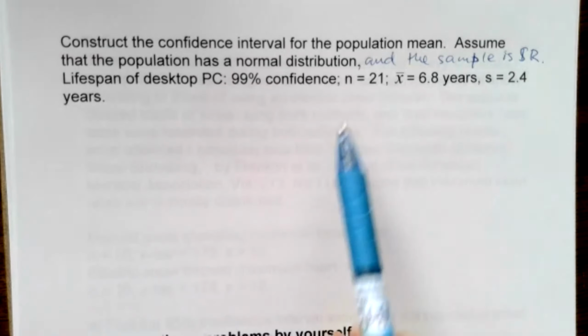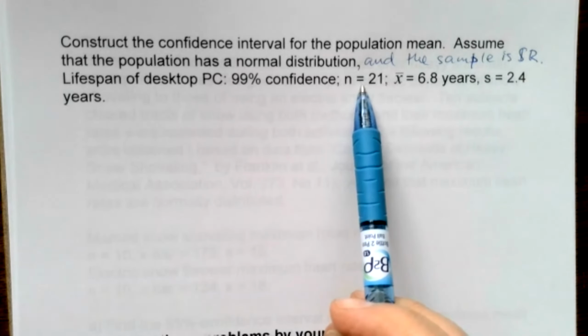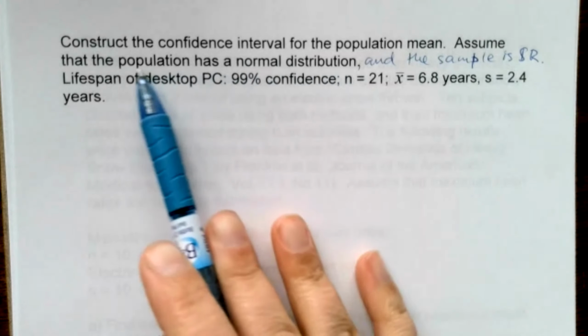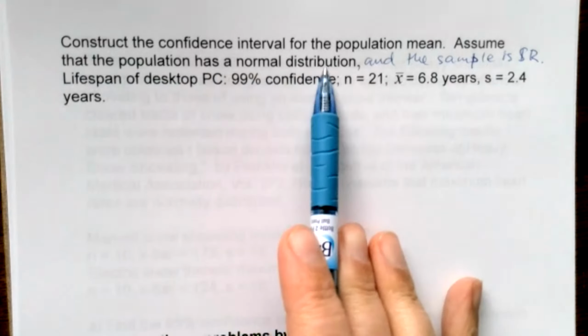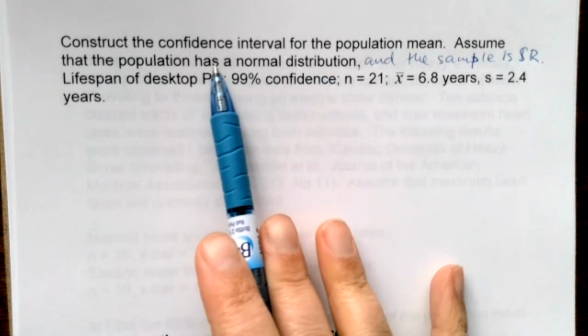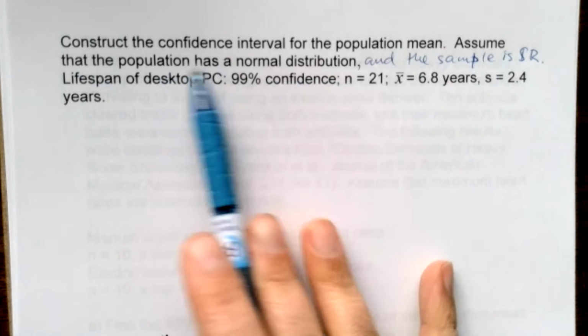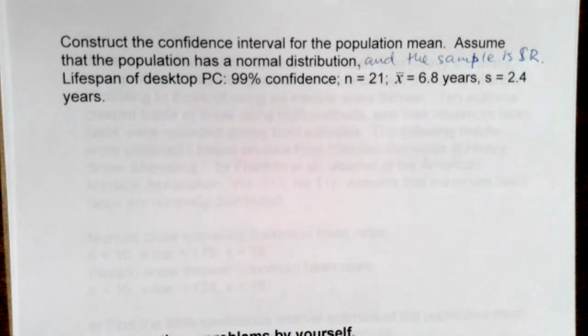Yes, because even though our sample is small, not greater than 30, it's compensated by the fact that the population has a normal distribution. Remember, we have to have one or the other or both. And we do have the normal distribution.